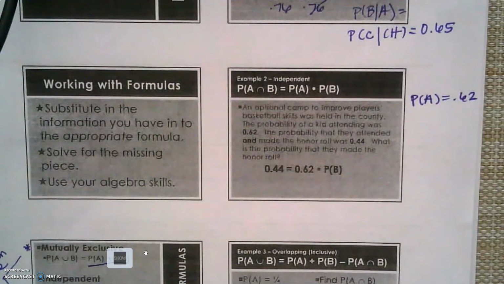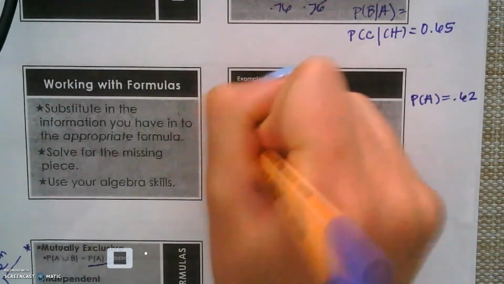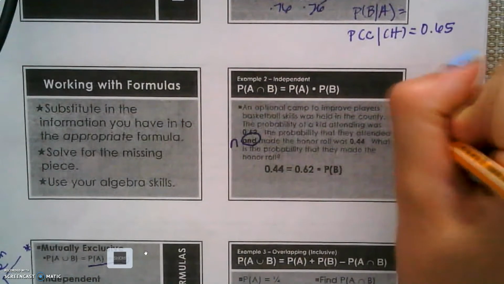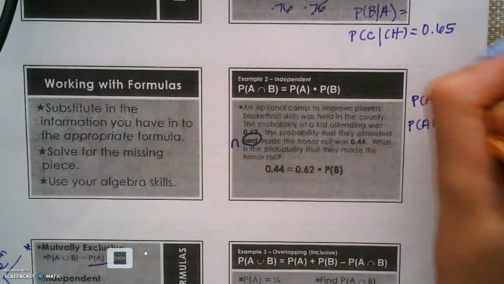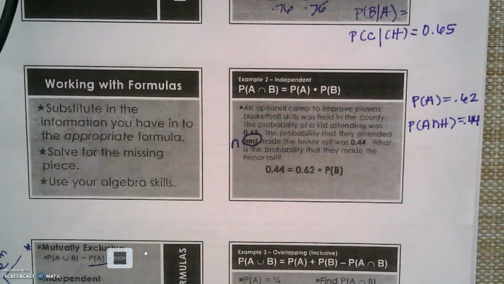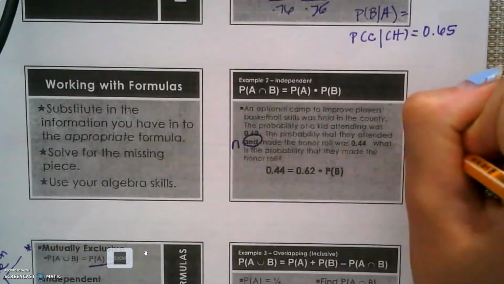The probability that they attended and made the honor roll was 0.44. This word "and" is an intersection, right? So the probability of attendance and honor roll is 0.44. What is the probability that they made the honor roll?